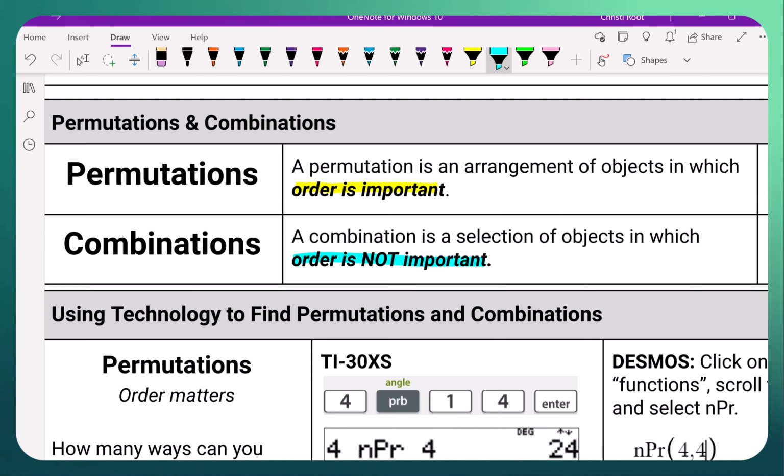So, for instance, let's say that you are in a competition of some sort. How many different ways can we have first place, second place, and third place? Do you think the order matters? I think it does matter, because most people want to be first place rather than second or third.